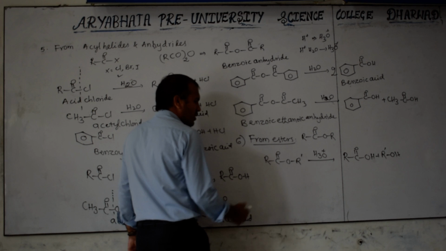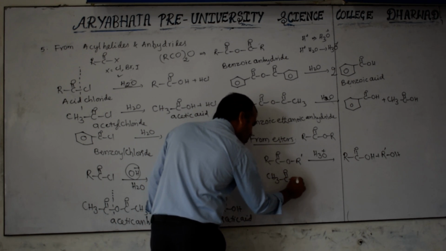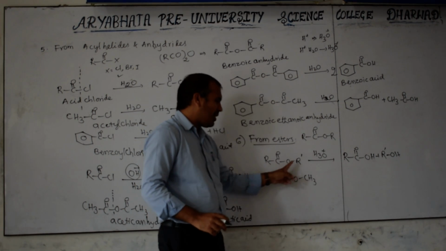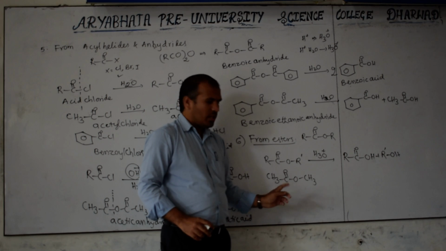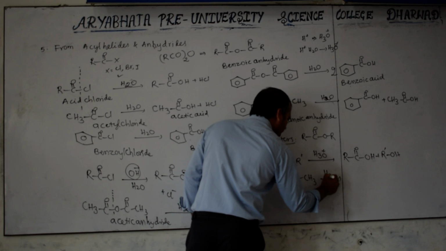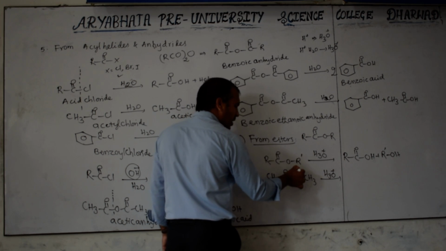One general example I will take here: CH3 C double bond O CH3. Now R dash is taken as the same. Then acidic hydrolysis, CH3CO with H3O plus. Now break down here.